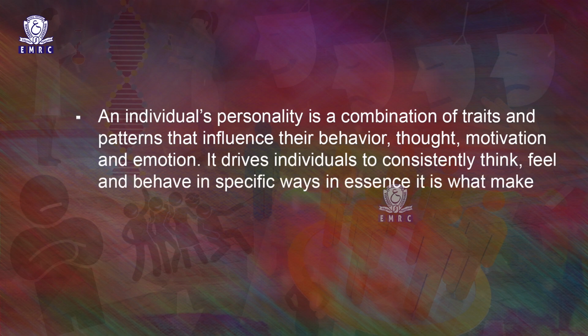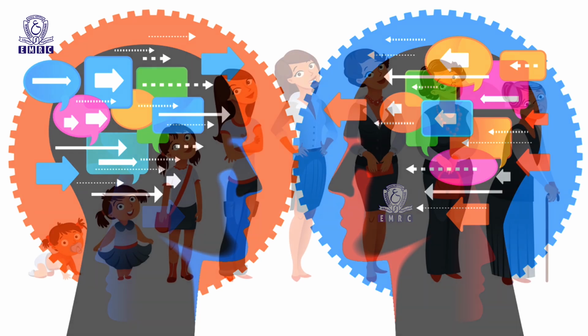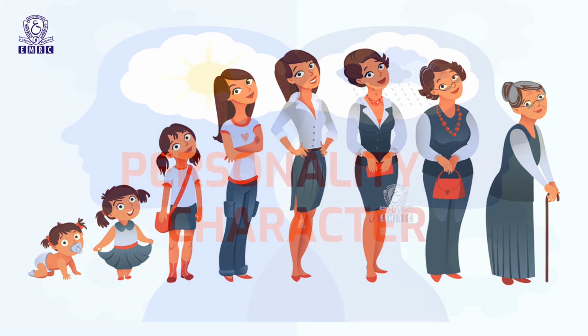It drives individuals to consistently think, feel and behave in specific ways. In essence, it is what makes each individual unique. Over time, these patterns strongly influence personal expectations, perceptions, values and attitudes. Therefore, personality is the unique way in which each individual thinks, acts and feels throughout life.